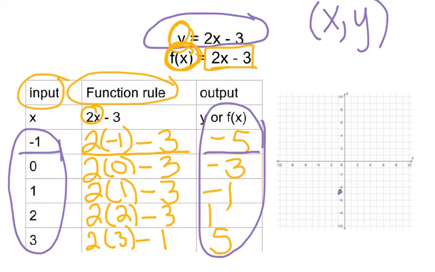There'd be a dot right there at -1, -5. Then I would have a dot at 0, -3. And then a dot at 1, -1. A dot at 2, 1. And a dot at 3, 5.